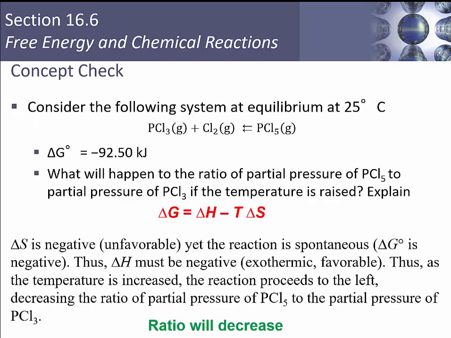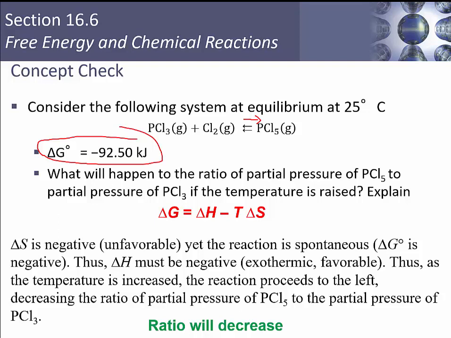So if we have the following system at equilibrium at 25 degrees C, where phosphorus trichloride and chlorine gas give you phosphorus pentachloride, we have a delta G of minus 92.5. Right away, we know that it's going to be spontaneous.